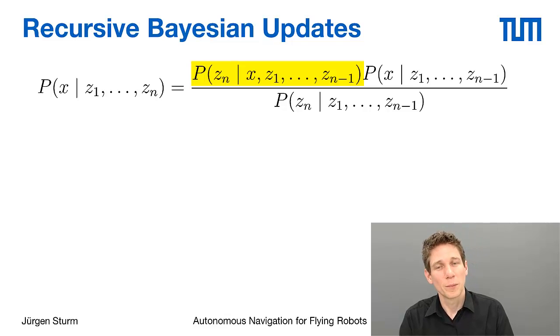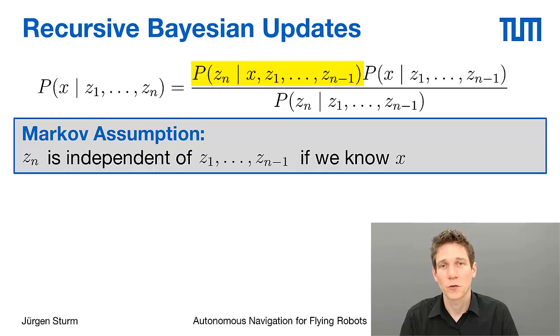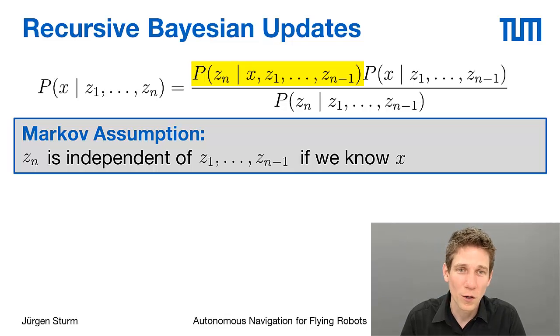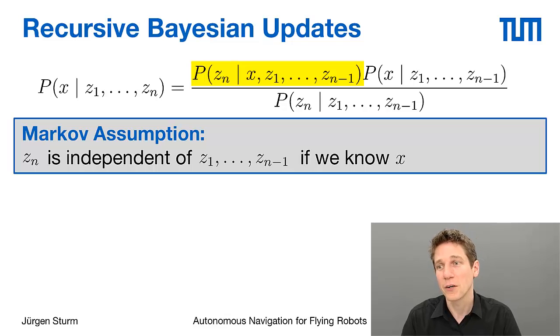And this likelihood might not be easy to construct, because for that we would have to know how all the individual sensors interact with each other and how they interact with the world state, and that's not easy to specify. But we can make a reasonable assumption here, which is the so-called Markov assumption.